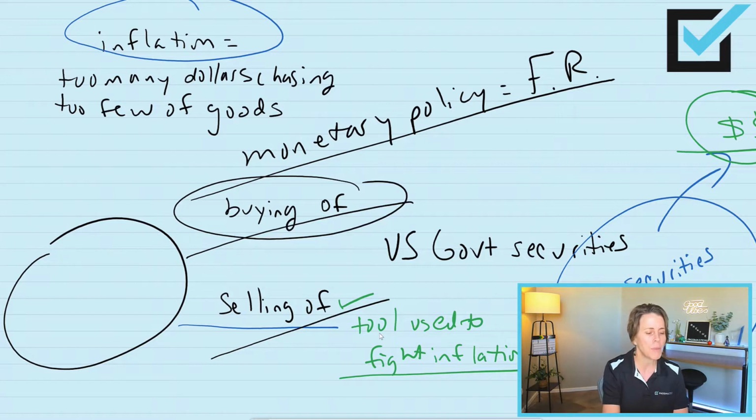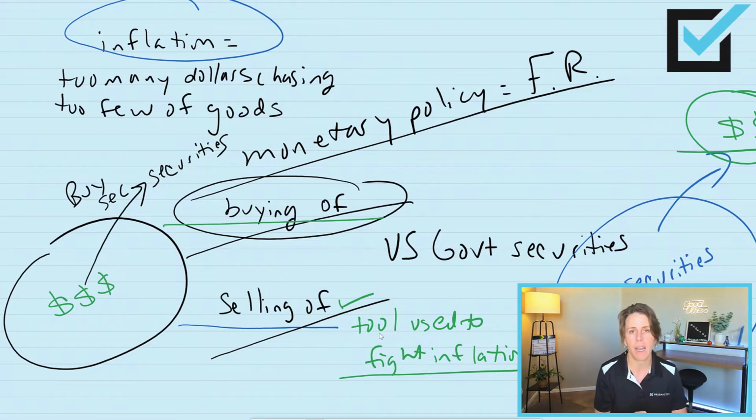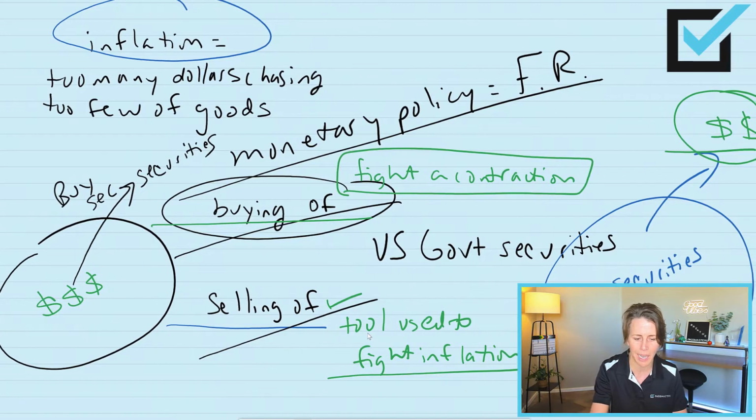When they buy U.S. government securities, the securities come out and dollars go in. So the buying of U.S. government securities is done to fight a contraction, a recession, a depression, whatever they want to use on the test.